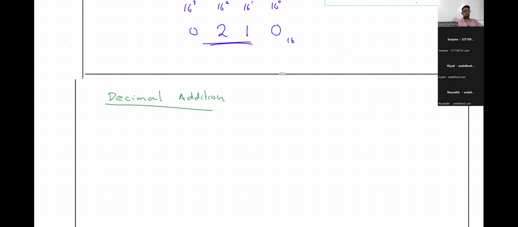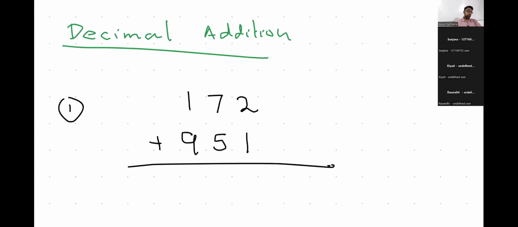The first question is 172 plus 951. How are you going to add these two numbers? Get the concept? Same concept we are going to apply to other three number systems.